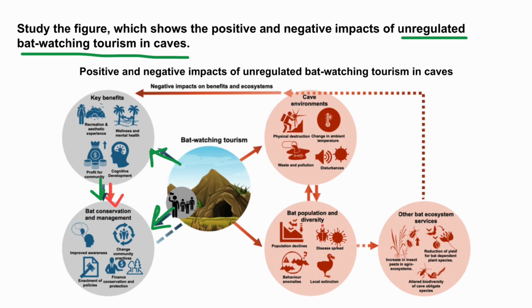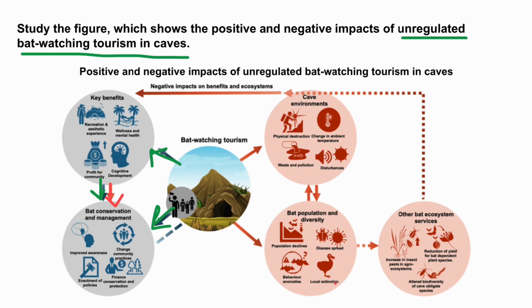Another one, bat population and diversity. So if the bats are affected, their population might decline, they might move out of this area. Disease might spread because as humans go in or you leave litter around, that could introduce bacteria, new types of diseases that bats may not have encountered. Behavior anomalies. If bats don't really know how to react to all these disturbances, they might behave differently.